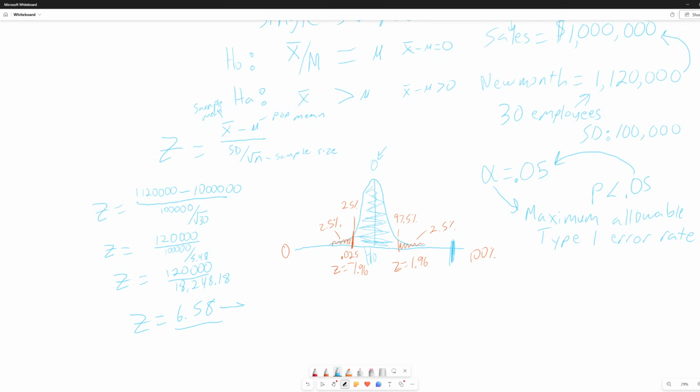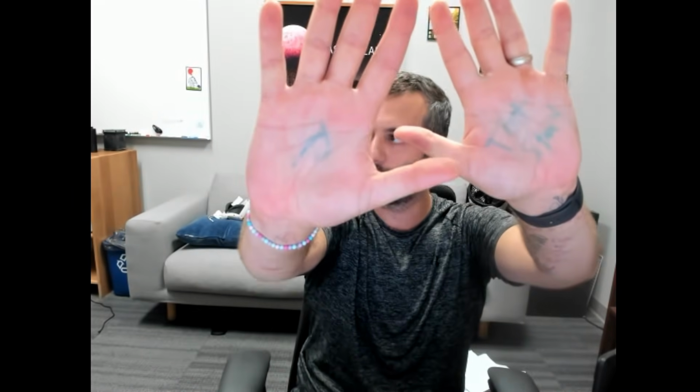And remember, I wrote on my hands, test statistic, p-value. I encourage you to do this. As the test statistic gets more extreme, the p-value decreases. 6.58 is quite far away from 0 in terms of a Z-statistic.